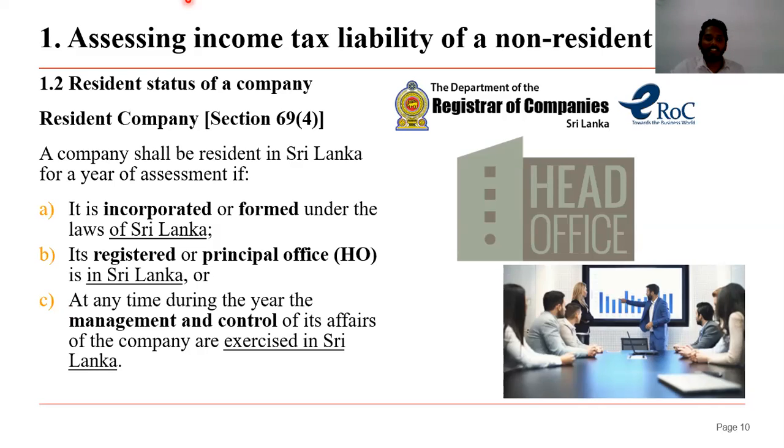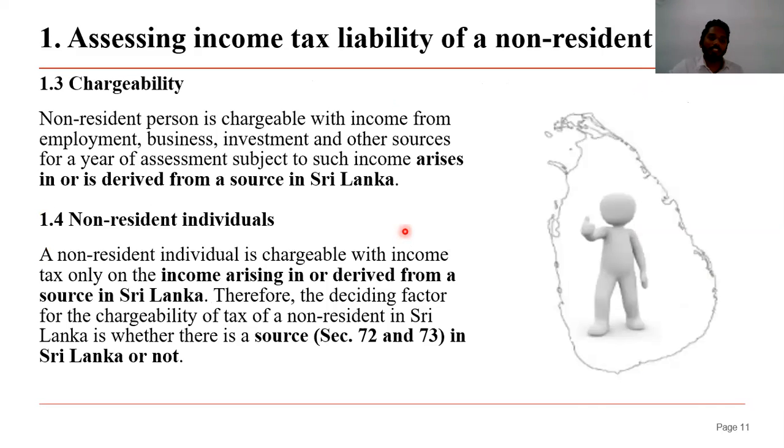Let me share the next slide. Is chargeability again the non-resident person. So the non-resident person is chargeable, as I explained previously. Also, the very important part is coming under the chargeable income section, and this is very important in the exam also.